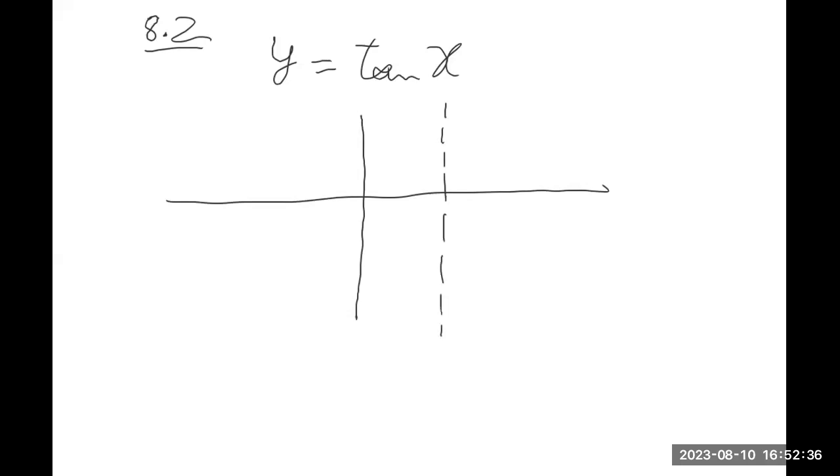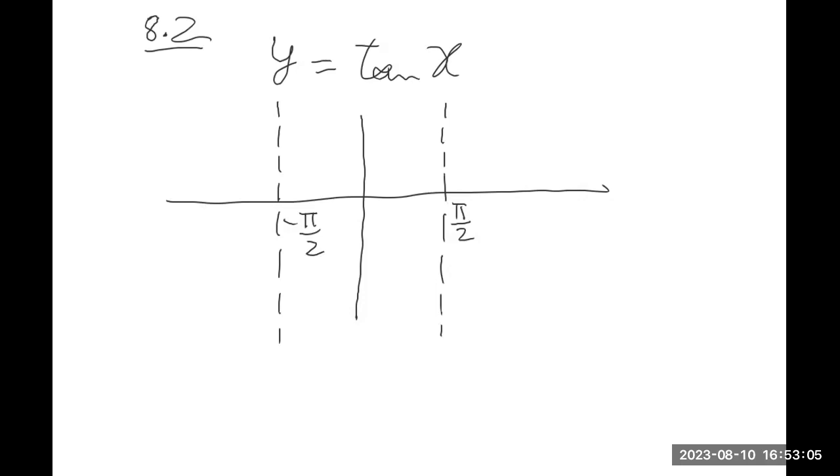So that's the first vertical asymptote at pi over 2. And then on the other side of the y-axis, you have at negative pi over 2 also a vertical asymptote. And so at both of these angles, the tan function is undefined.